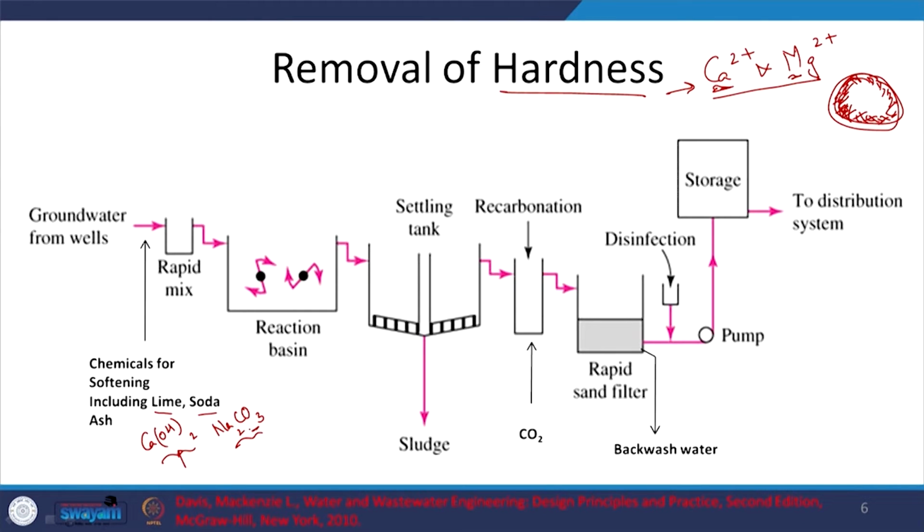We will look at that later, right. And then we are mixing that pretty fast, rapid mixing. And then we have the reaction basin here, right, and then the settling tank, we are letting that settle down and the sludge will be taken out. Because the pH is being increased, you want to decrease the pH. How do you decrease the pH?